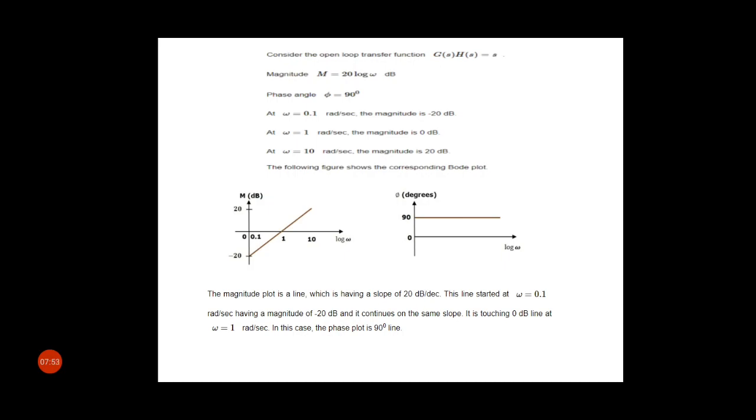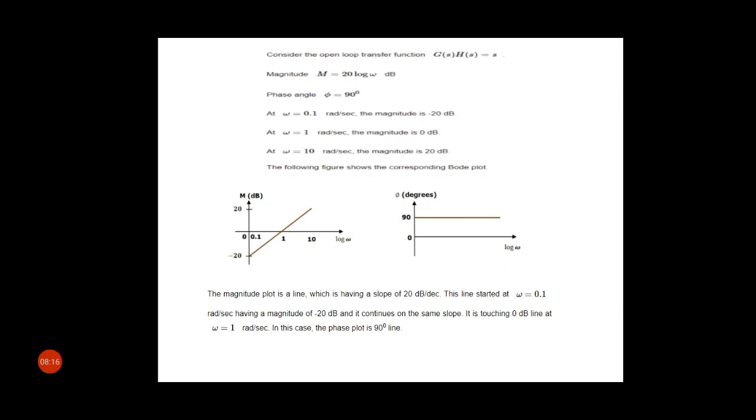We know the magnitude: if we put s equal to jω and calculate the magnitude, then M equals 20 log ω dB, and the phase angle is 90 degrees.